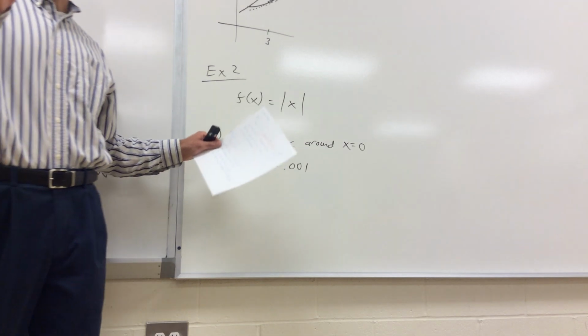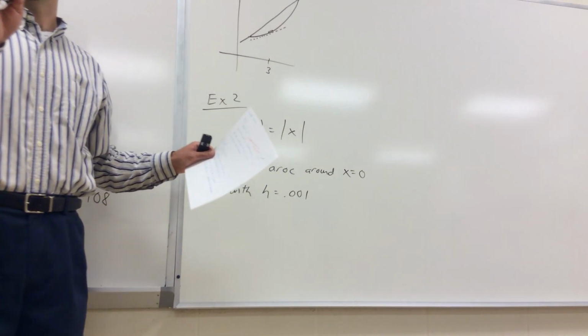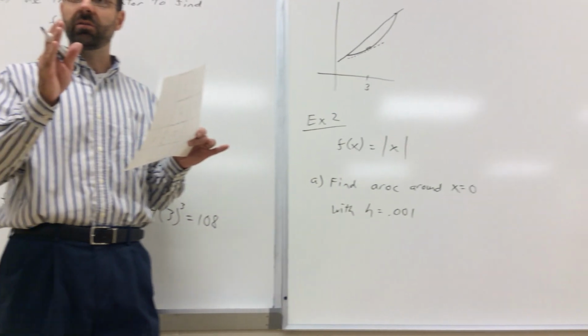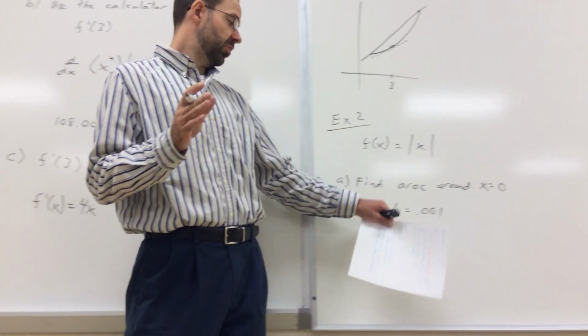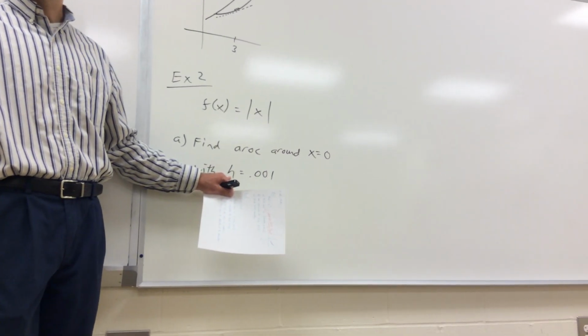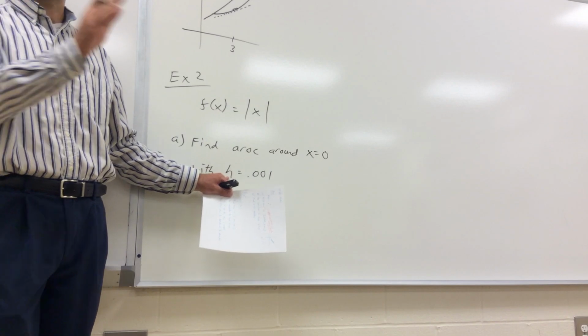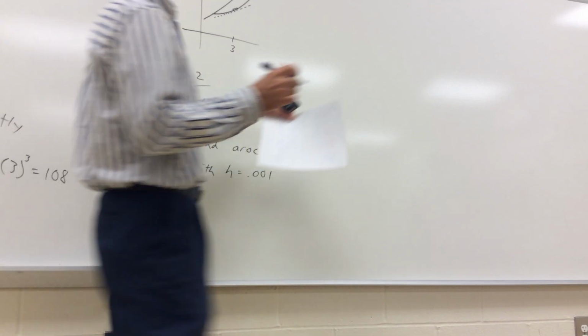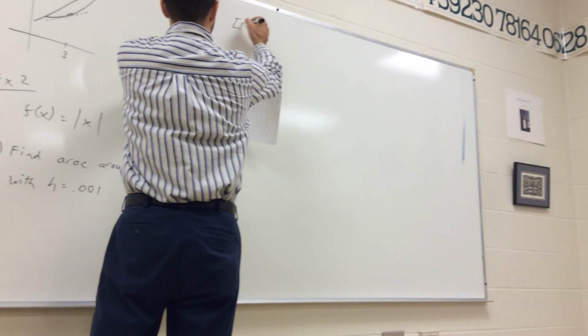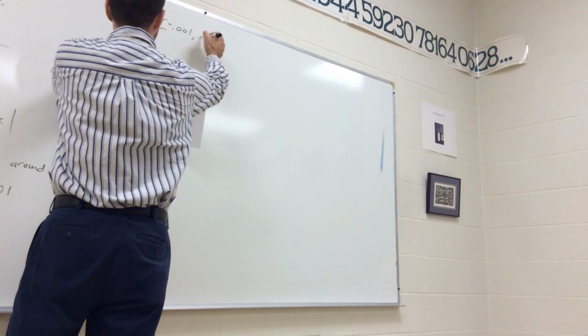Okay, so that means that I'm interested in 0. I'm interested in what the slope is at 0. But I'm going to go 0.001 to the left of 0, and I'm going to go 0.001 to the right of 0. So that means I'm finding the average rate of change on this interval.